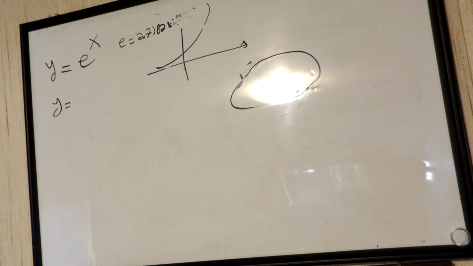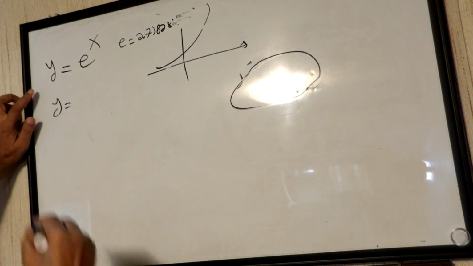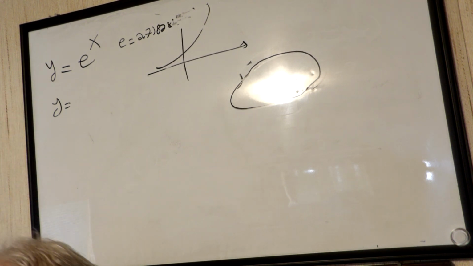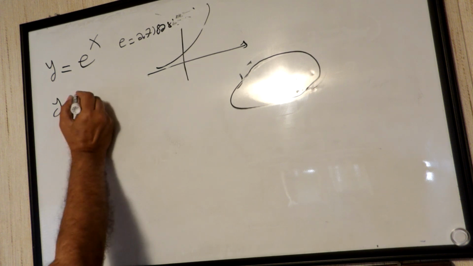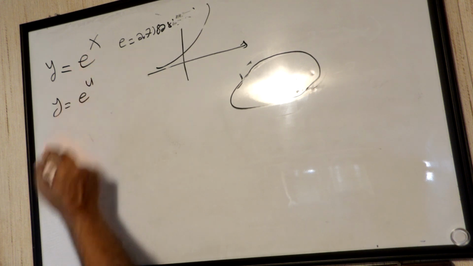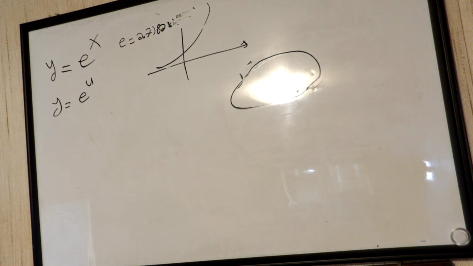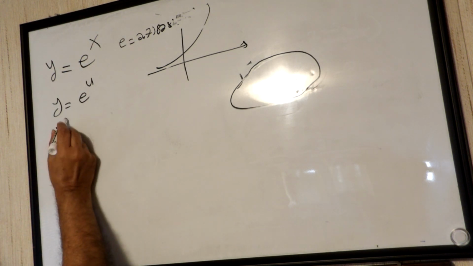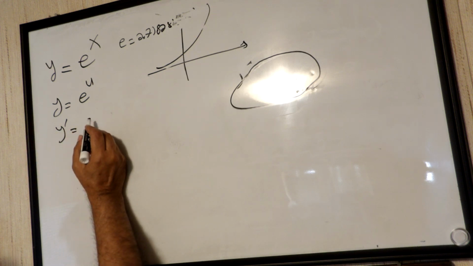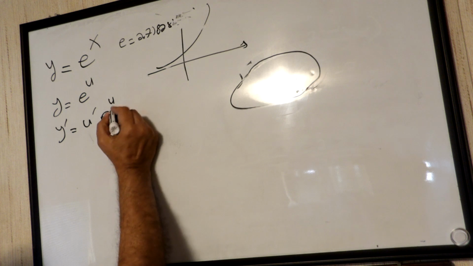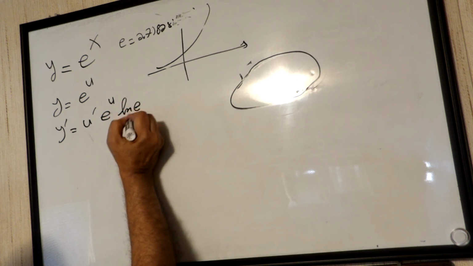So okay, the derivative of these. What is going to be the derivative of this? The general formula is y equals e to the power of u, whatever it is, it might be x plus 5 or something. So the y prime, or derivative, is u prime times e to the power of u, and then ln e.